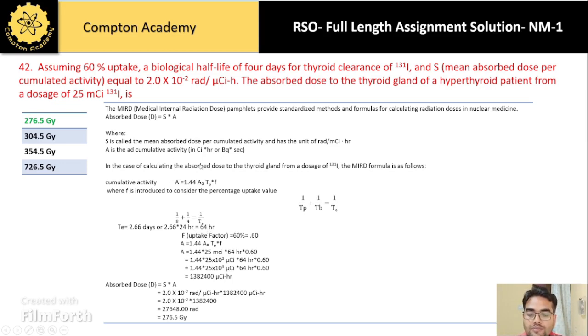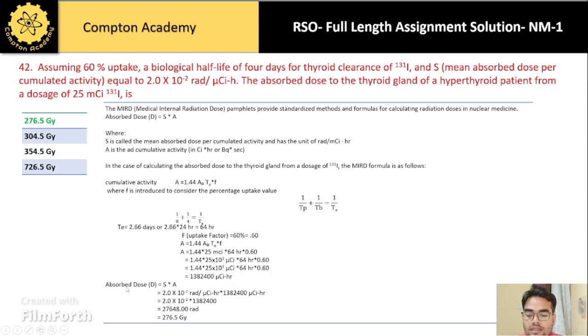The accumulated activity can be calculated as A = 1.44 × A naught × T × F, where A naught is the initial activity, T is the half-life, and F is the fraction, considered as the percentage of uptake. First we calculate the accumulated activity, in microcurie-hours.